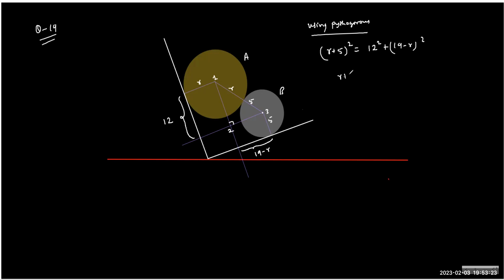Bring this side. A square minus B square is what? A plus B times A minus B. If you add these two, what will you get? 24. And A minus B will give you how much? It is how much? 2 or 14.